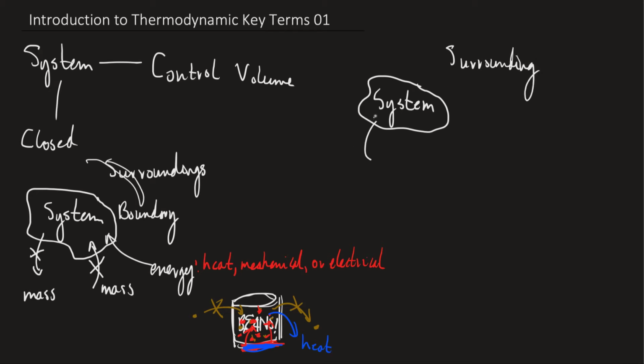The only difference is that mass can enter and exit the system. And energy can still enter and exit the system in the form of electrical, mechanical, or heat energy.